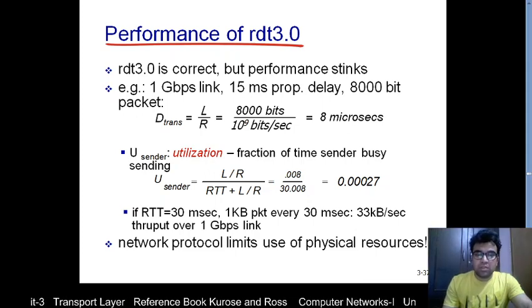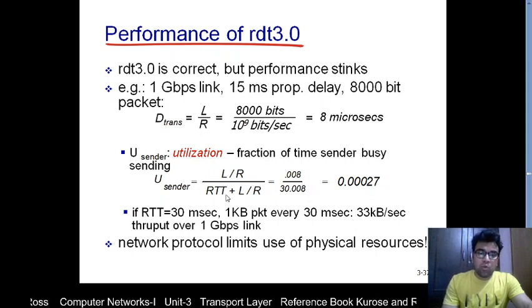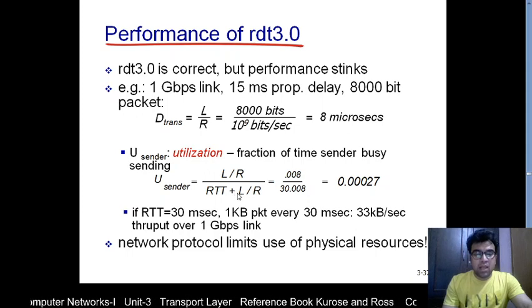And your utilization is all about fraction of time sender is busy sending the data. So this is all about your transmission delay divided by round trip time plus that delay during the time your sender is sending the data. So this is at the bottom.